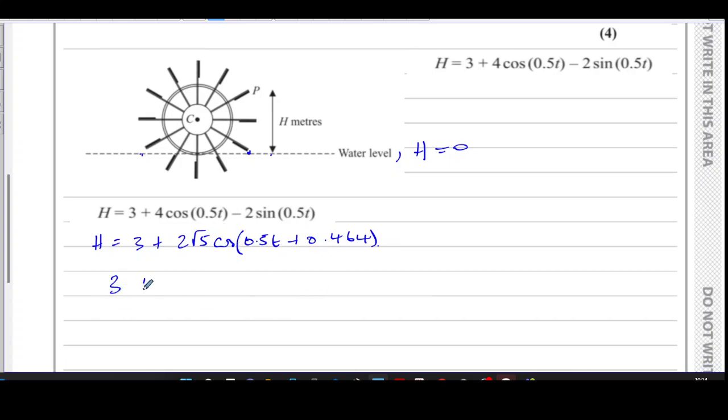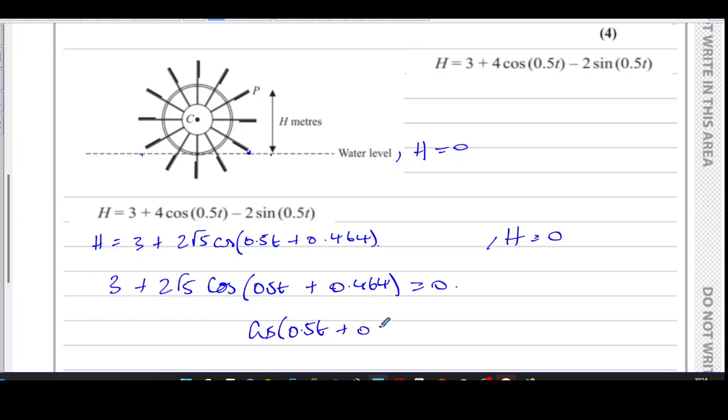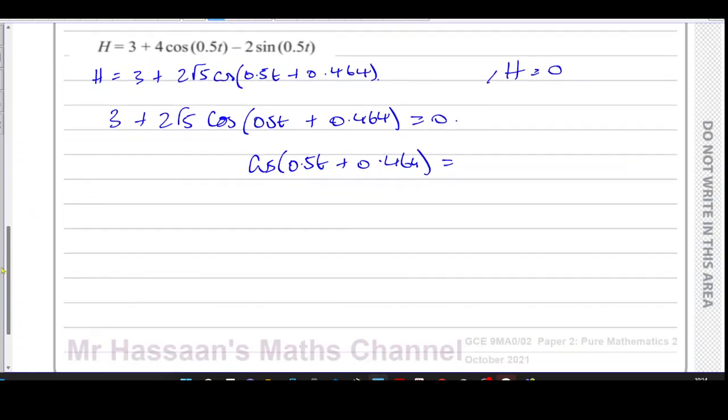So if we say 3 plus 2 root 5 times cosine of 0.5t plus 0.464 is equal to 0, we can rearrange this to leave cosine of this angle equal to negative 3 over 2 root 5.